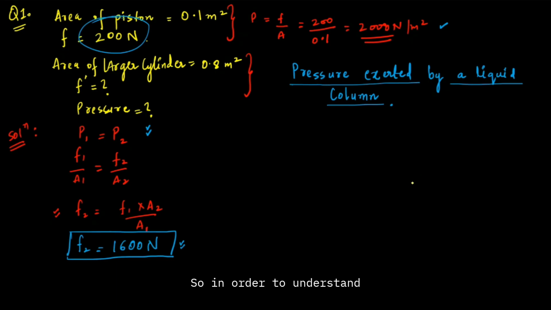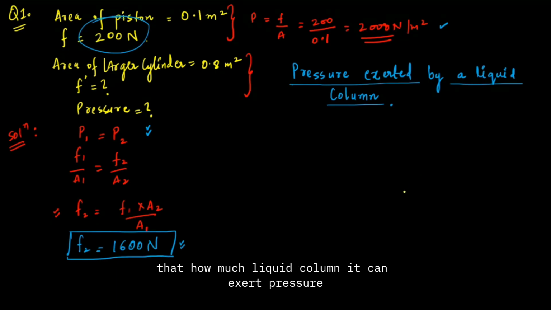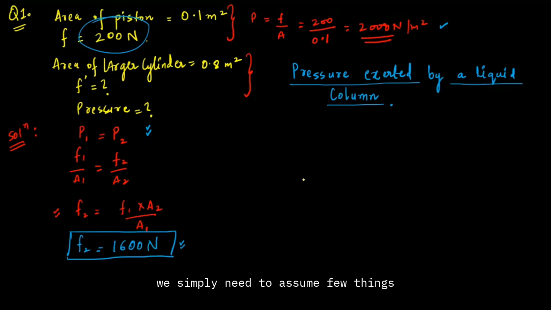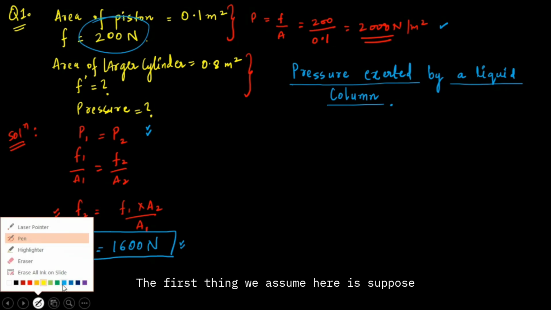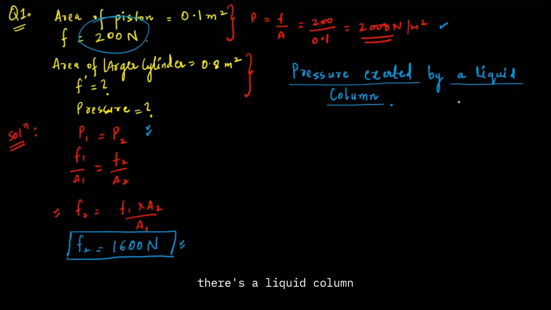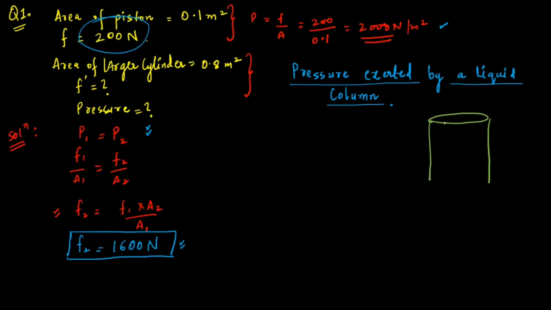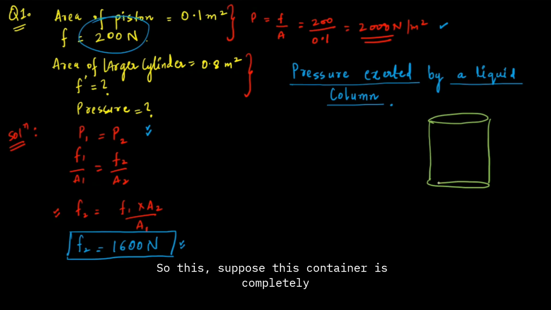In order to understand how much pressure a liquid column can exert, we simply need to assume a few things. The first thing we assume here is suppose there is a liquid column and that liquid column is cylindrical in shape. Suppose this container is completely filled with liquid.